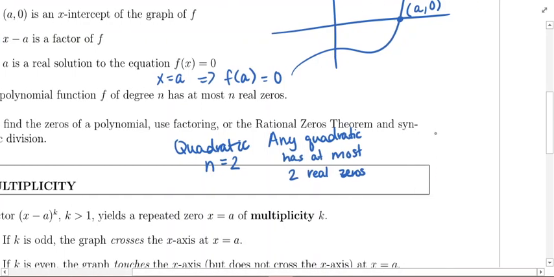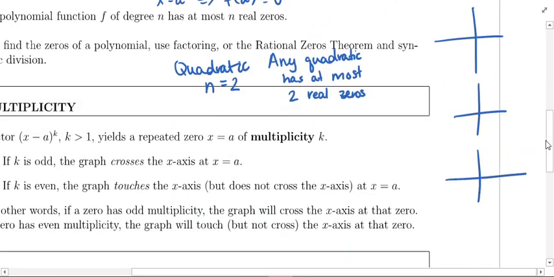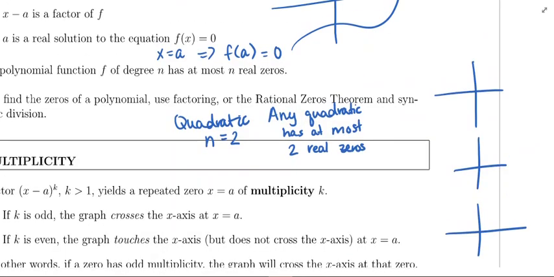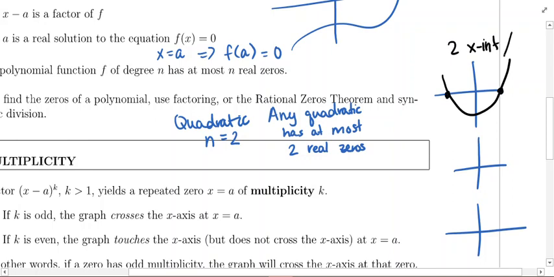So think about it. I'm going to draw some rough sketches. There's 3 possibilities here with a quadratic. Your quadratic can have 2 x-intercepts, so you've got one here and one here. So you've got 2 x-intercepts or zeros. We have seen a quadratic that basically has 1 x-intercept.